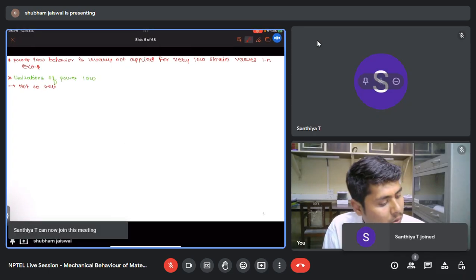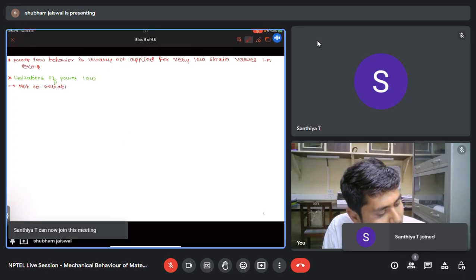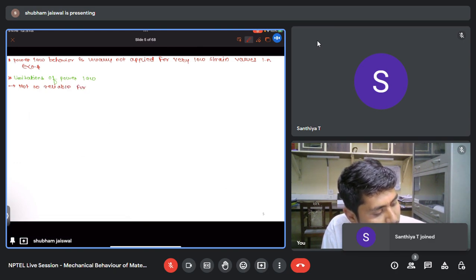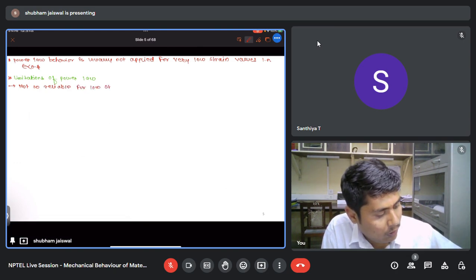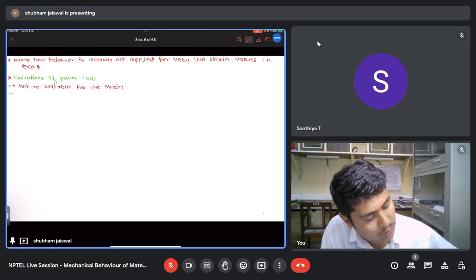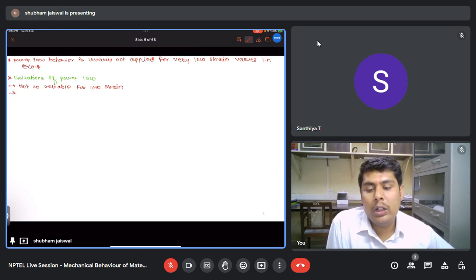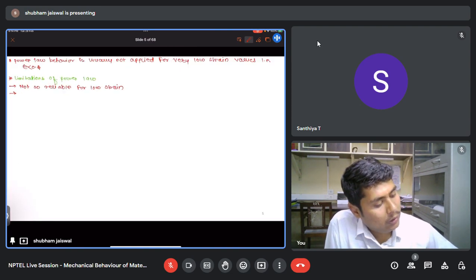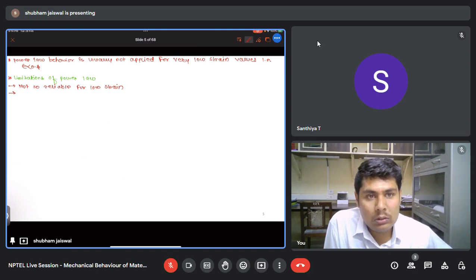The second limitation that we have seen is that it is not suitable to predict the yield strength of the material, as we predict the yield strength of the material at epsilon equal to 0.02%.